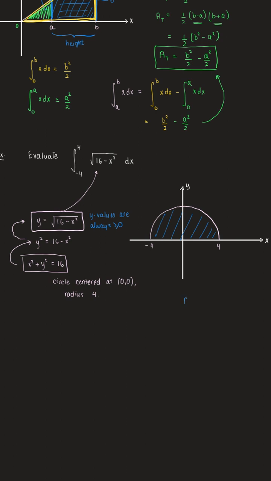Well, the area of a circle, we know it to be pi r squared. If we want a semicircle, then we just divide that by 2. So we're going to use A equals 1/2 pi r squared. And for our problem, r is equal to 4. And so we can find that area by doing 1/2 pi times 4 squared, which is 16.